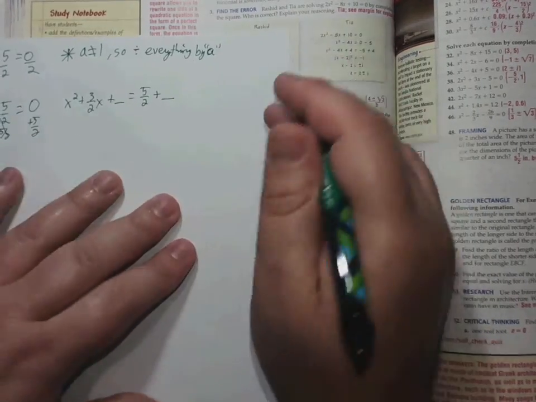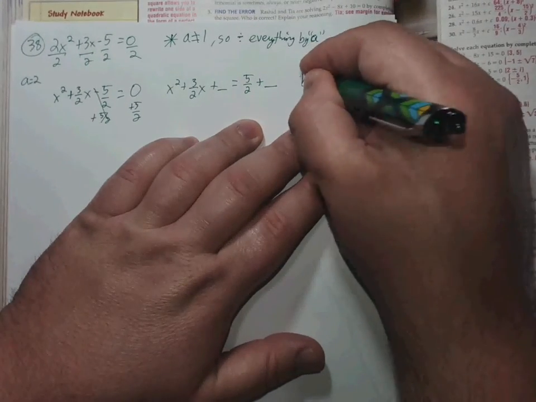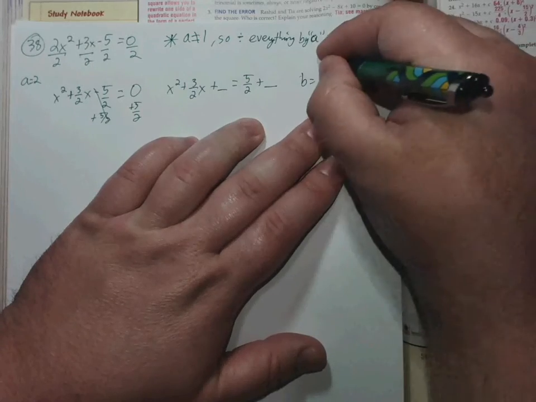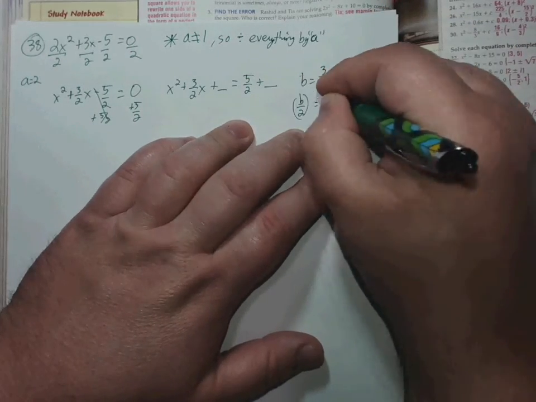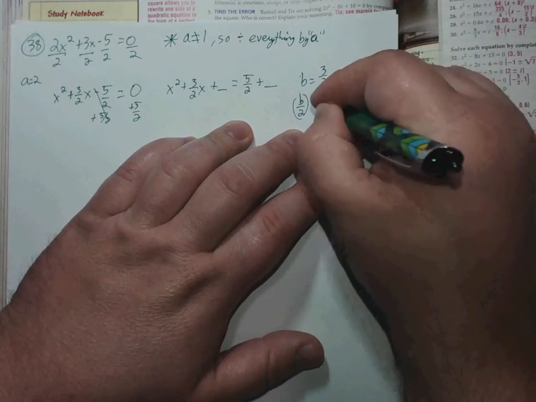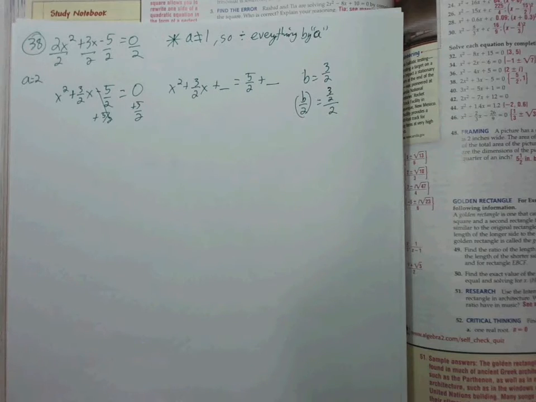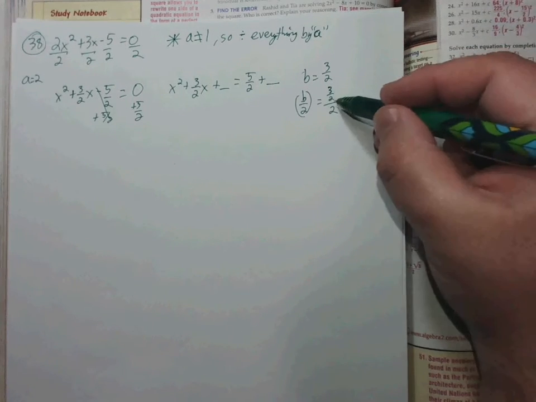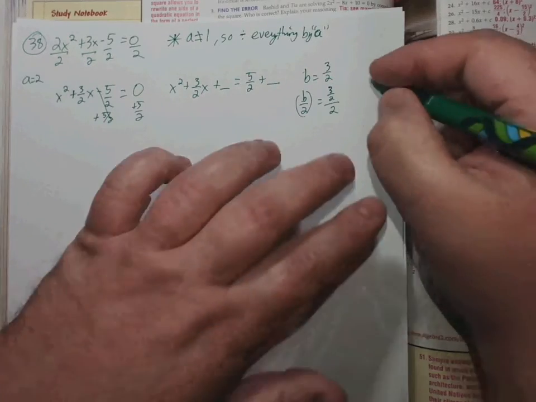Well, b equals a positive 3 over 2. b over 2. That's 3 over 2 over 2. I don't know if you remember the trick I told you. Whenever you have a fraction divided by a whole number, just multiply the two bottom numbers together.